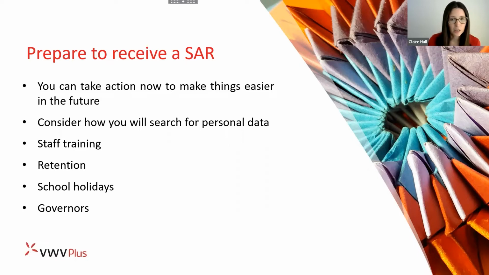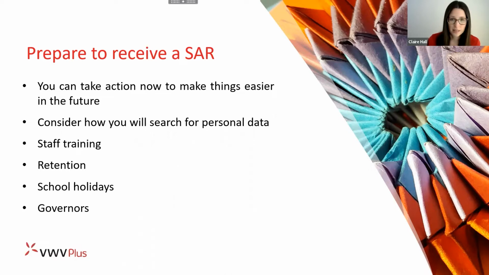The next thing to mention is staff training. So in terms of subject access requests, they can be made to any employee at your school, and they don't have to be made in writing either. So it's really important that staff members know how to recognize a subject access request. They don't have to use data protection law or the word subject access request to make one.